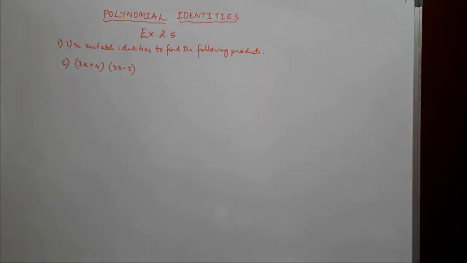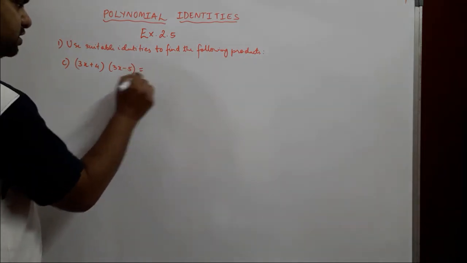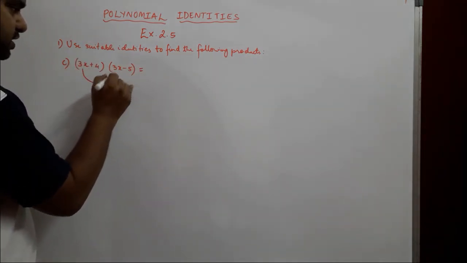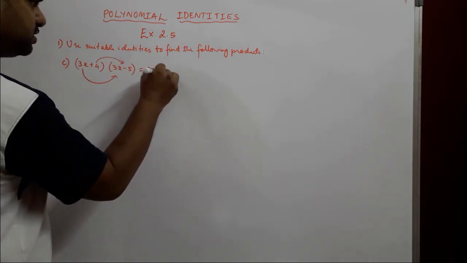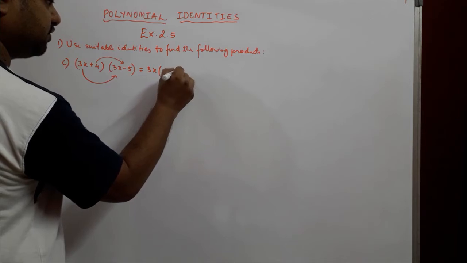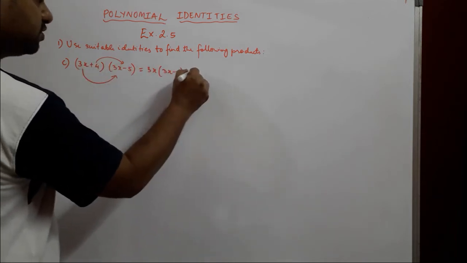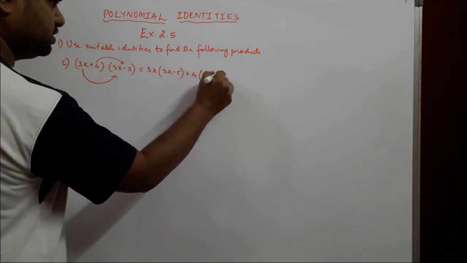Next problem, 3x plus 4 into 3x minus 5. Once again we will multiply 3x into this entire bracket and 4 into this bracket. 3x into 3x minus 5 plus 4 into 3x minus 5.